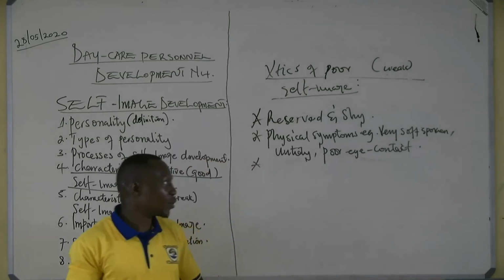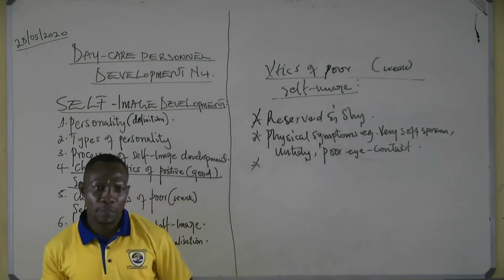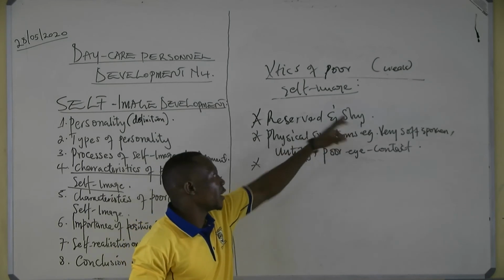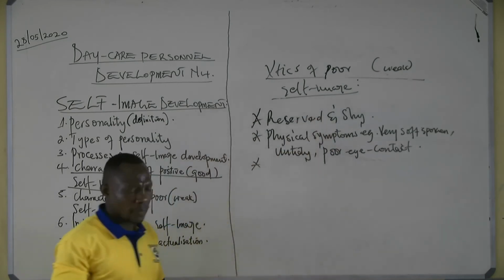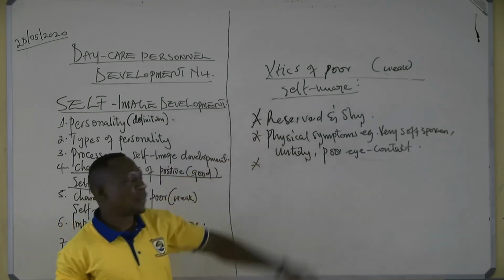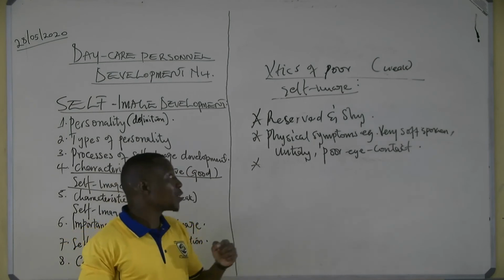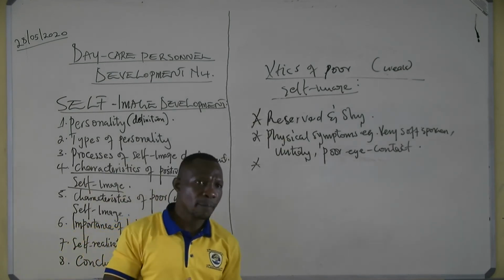Yes. Every time this person is addressing a given group of people, the eye contact or the facial expression of this person towards the audience is seen to be always very poor. Why? Because he's shy. And also, this person is always seen to be reserved. Why reserved?